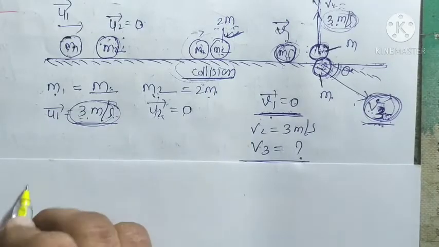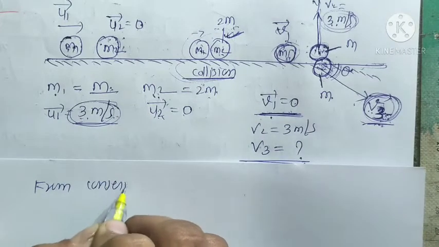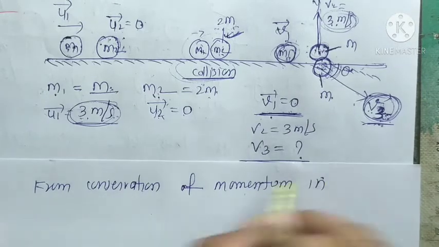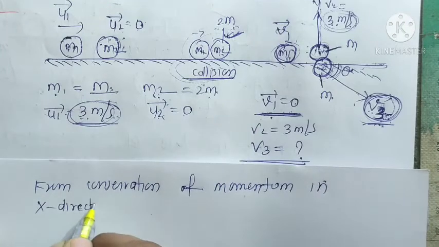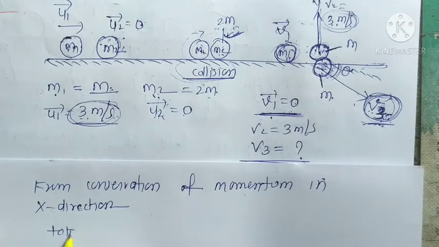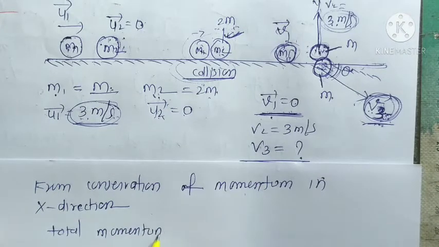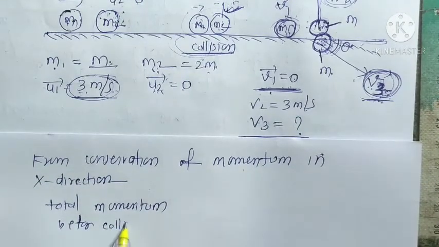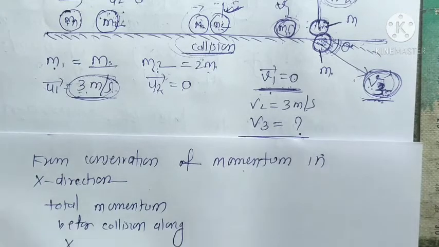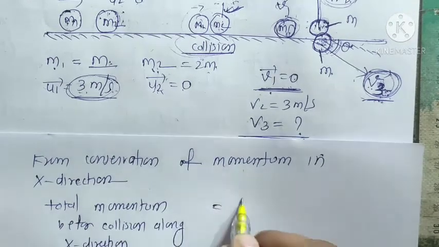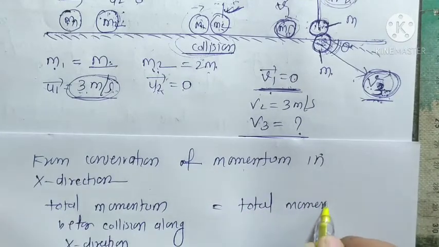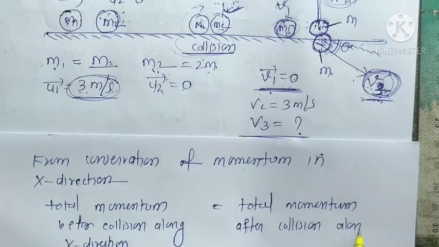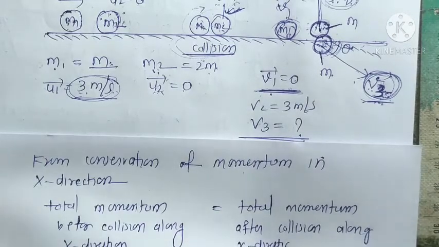So from conservation of momentum in the x direction, the total momentum before collision along the x direction is equal to the total momentum after collision along the x direction.